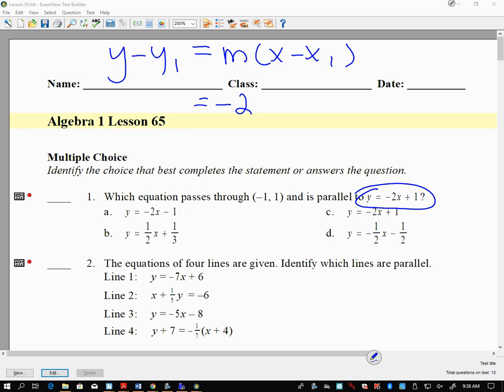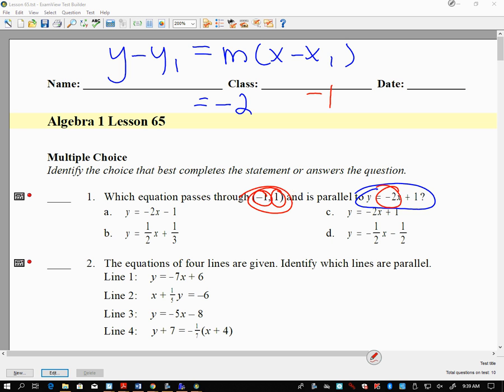That's all the information I need from that equation. The other piece of information I need to use is right here. Where am I going to put that -1 and that 1? I'm going to plug in the -1 for x1, and what about the 1?